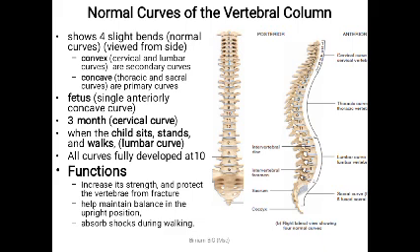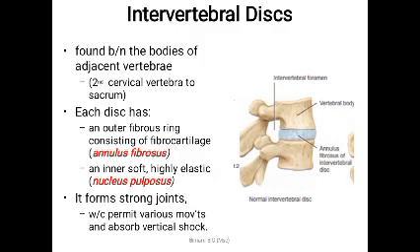Functions: increase its strength and protect the vertebrae from fracture, help maintain balance in the upright position, and absorb shocks during walking. Intervertebral discs are found between the bodies of adjacent vertebrae, from the second cervical vertebra to the sacrum.